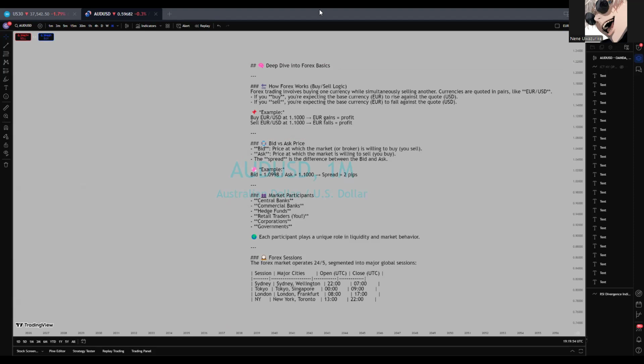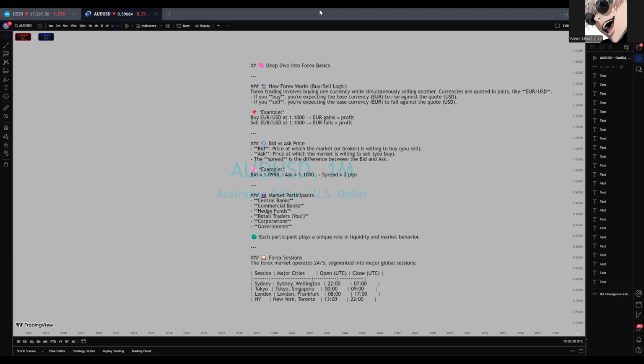Since the central banks, commercial banks, and hedge funds are involved, we as speculators, the retail traders, are just a fraction of this kind of liquidity. Every trader has an effect on the market, but we don't have that much leverage over the market as these guys do, because they put in big money.